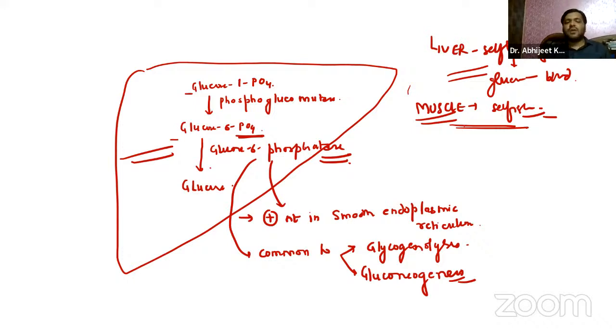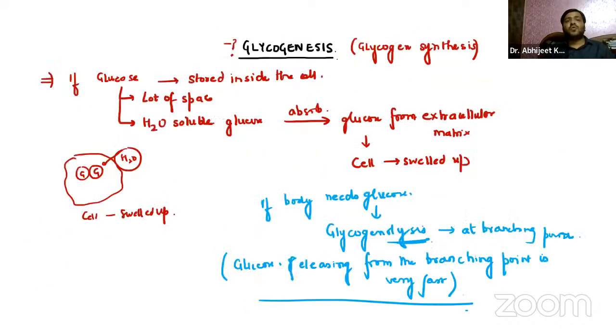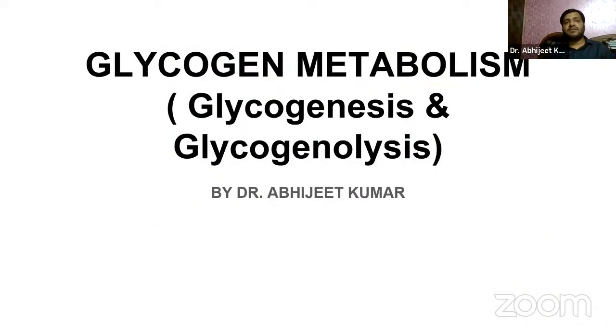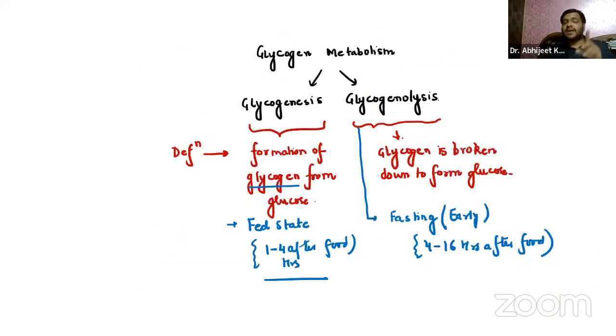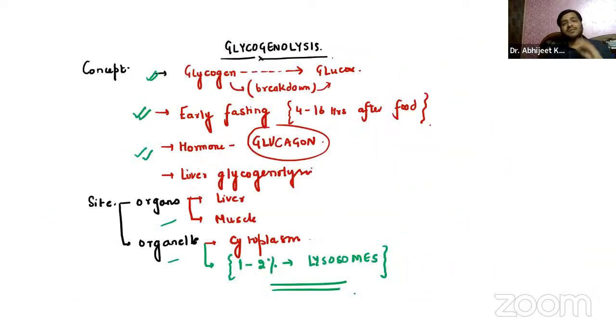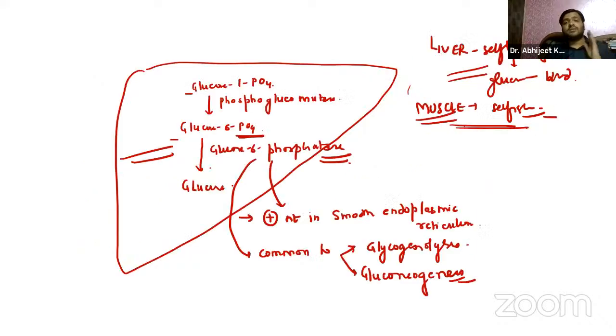So that is all about glycogenesis and glycogenolysis. We have discussed all the steps of glycogenesis and glycogenolysis, the concept, the site, the organs, all the important actions, the rate limiting enzyme, how the function acts, and how it takes place in the liver, all the steps and reactions.